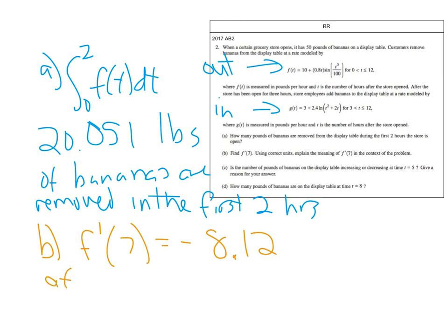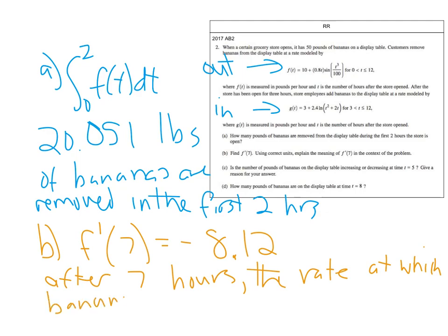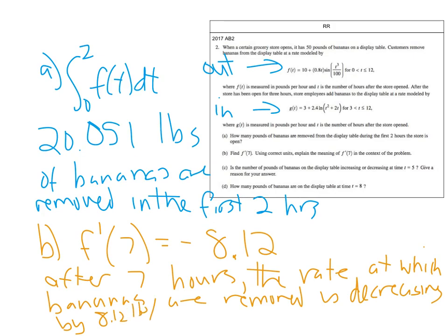So after 7 hours, the rate at which bananas are removed is decreasing, because that's negative, decreasing by 8.12 pounds per, what are my units?